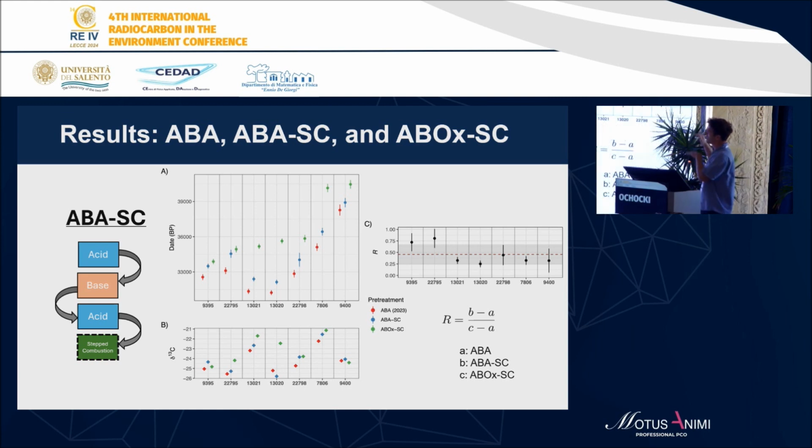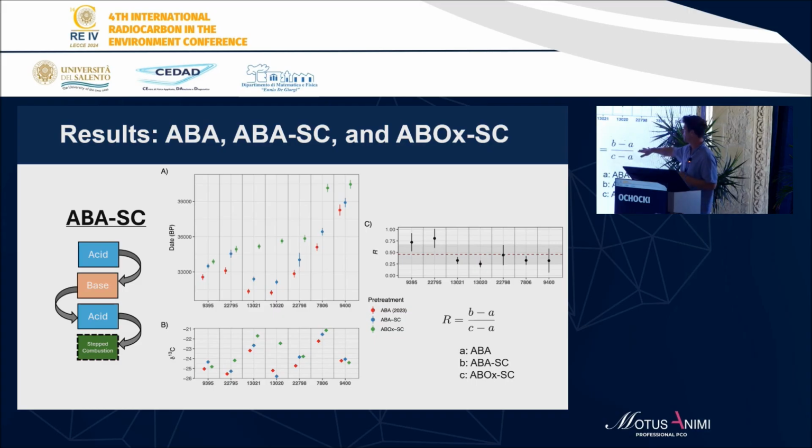If the ABA-SC date was the same, we'd see a value of 1. The dotted line is a mean of these values, and tentatively suggests that step combustion in this case can account for about 50% of the contamination removal by ABOX-SC, but there is some variability there as well.